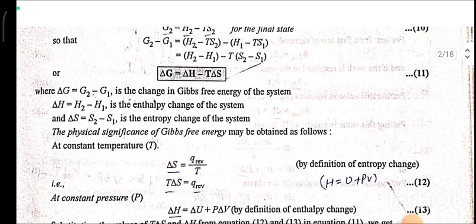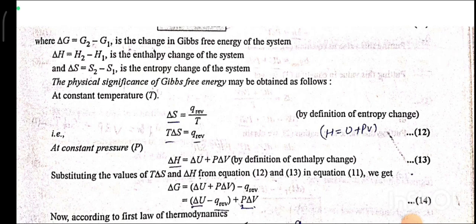The final result comes here: ΔG = ΔH - TΔS, where ΔG = G2 - G1 and ΔH = H2 - H1 are the change in the Gibbs free energy of the system and the change in the enthalpy of the system respectively. ΔS = S2 - S1 is the entropy change of the system.